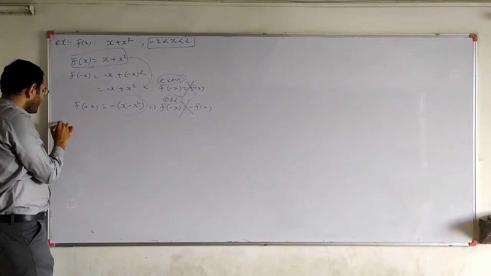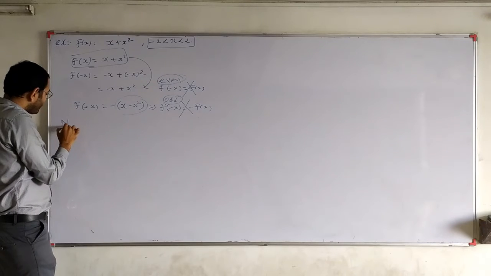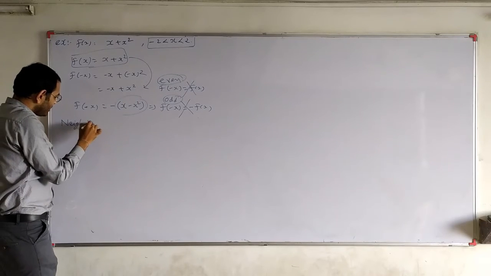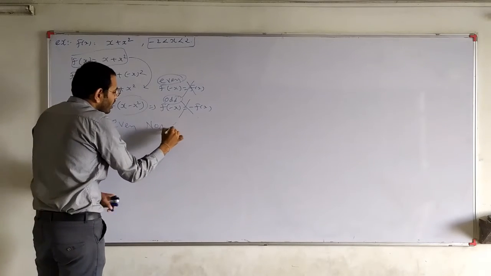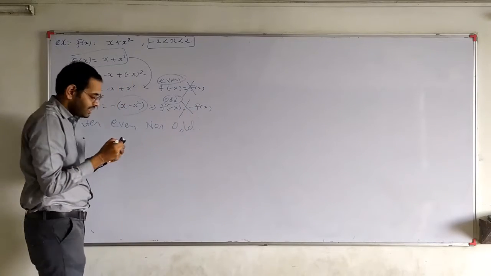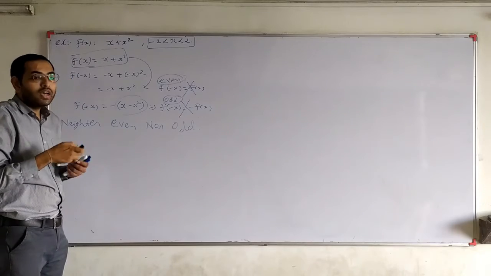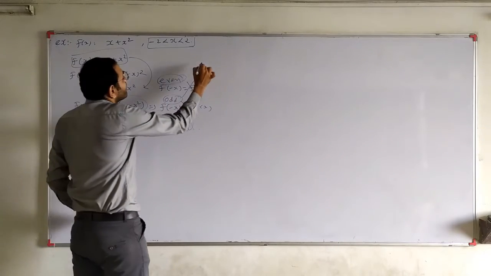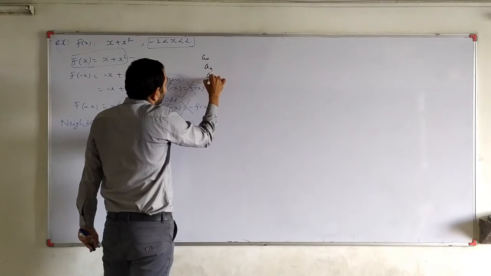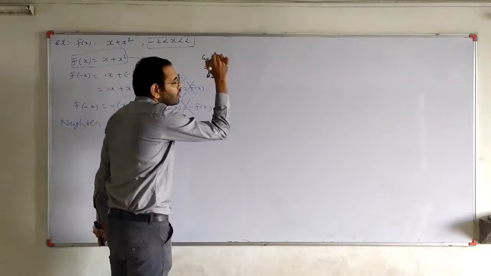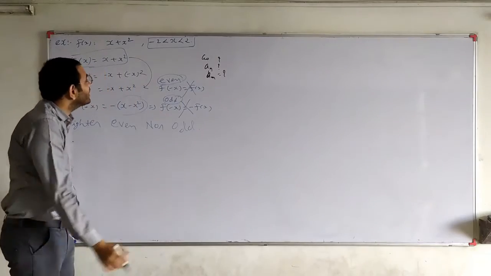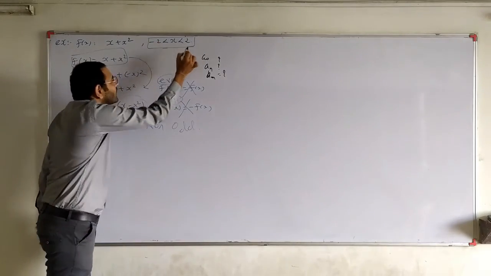That means we can say that our function is neither even nor odd. For this type of function we find the values of a0, an and bn. Each and every coefficient we find in the whole interval.